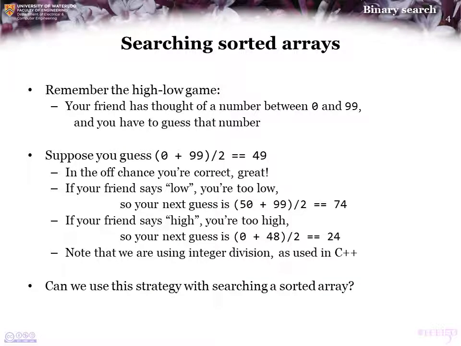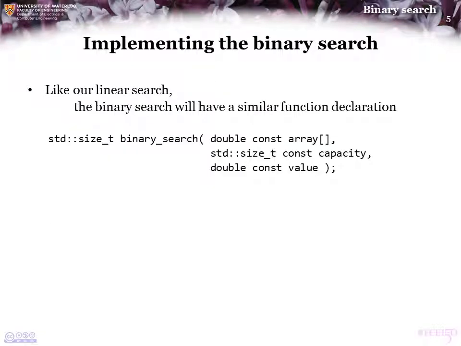Now, can we use this strategy for searching a sorted array? Let's suppose that we can implement this strategy, which we'll look at in the next few slides. In this case, the function declaration for a binary search would be equivalent to that of a linear search. We have an array, it has a capacity, and we are searching for a specific value.